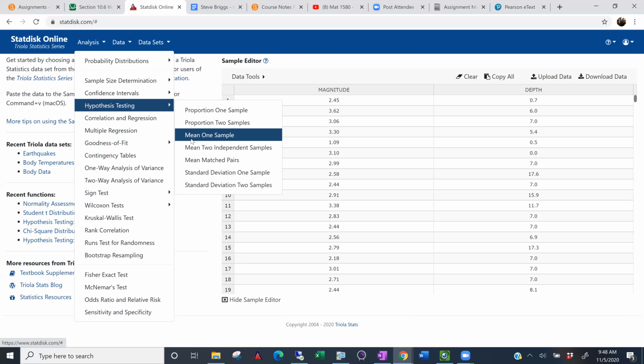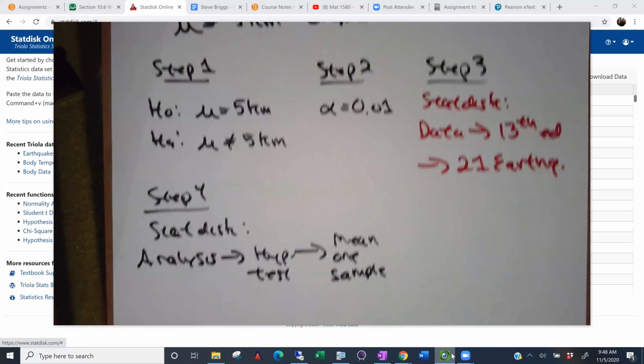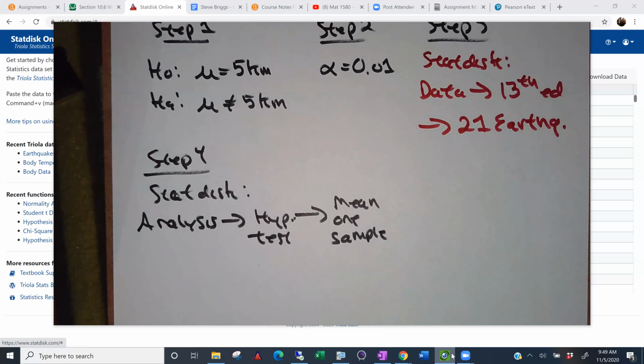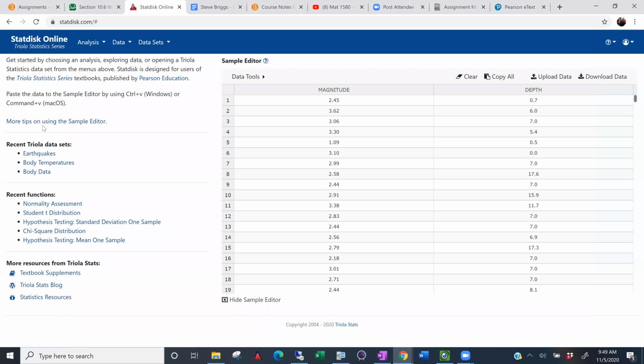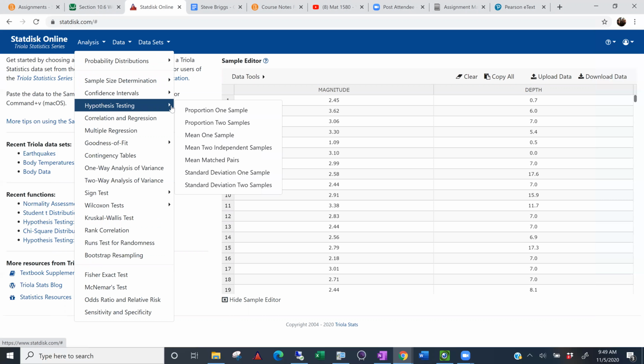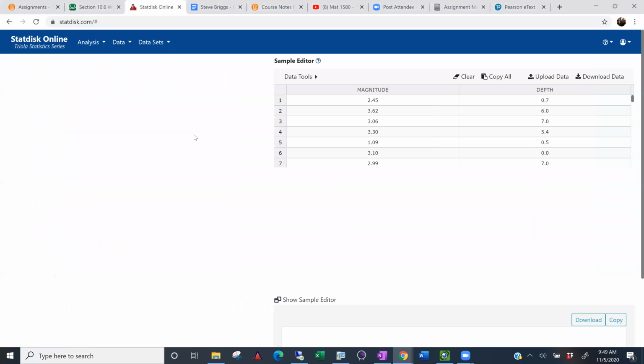So I'm writing those down here so that if you chance to look at the notes, then you can figure out the commands. So let's see, analysis, hypothesis testing, mean one sample.